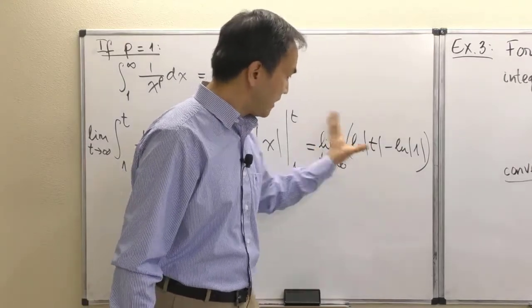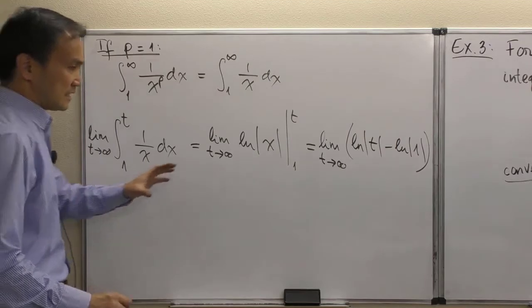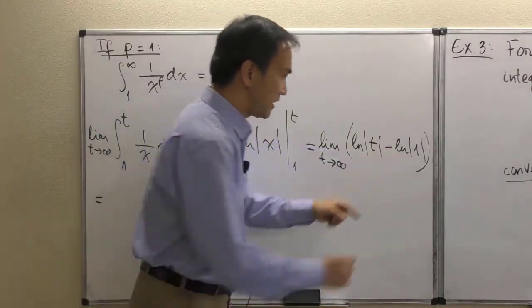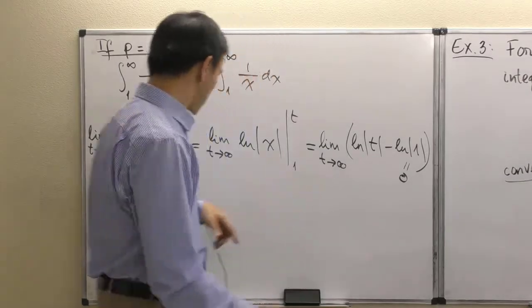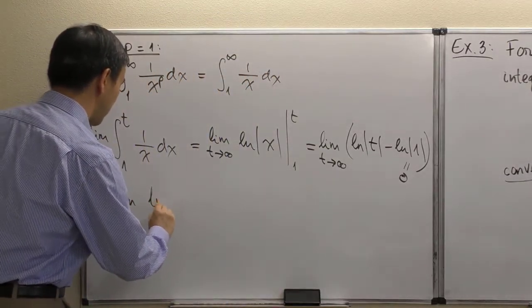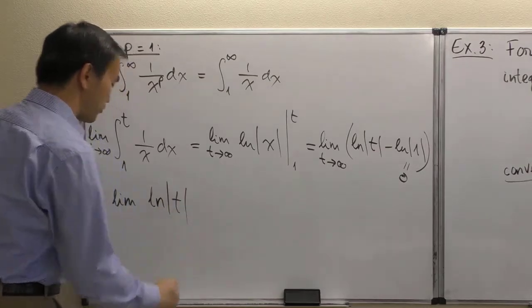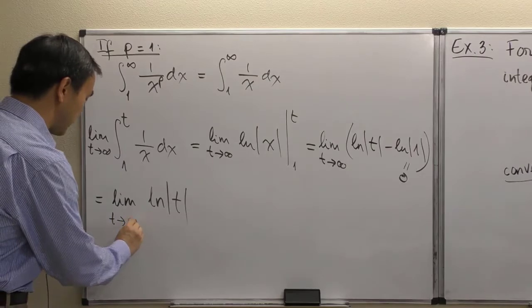Okay, and so now you can see that this term here, according to the property of logarithm, is always a 0. So in the next step, it means we're trying to find the limit of the function natural log of t as t approaches positive infinity.